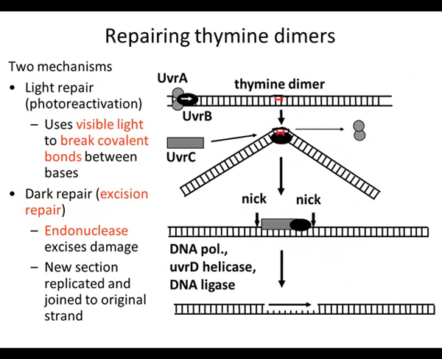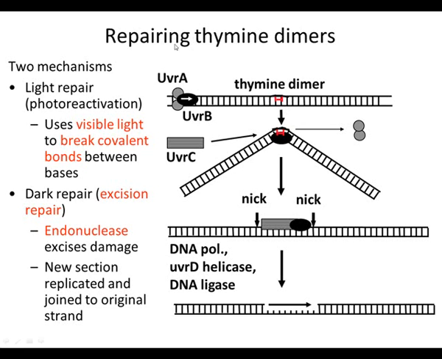So now, an example is, I mentioned ultraviolet light causes thymine dimers. Now, thymine dimers kink the DNA, and so this causes a larger distortion of the DNA than just a mismatch.